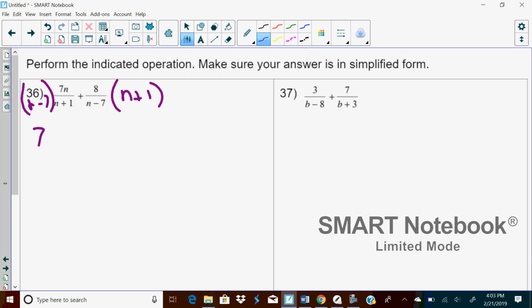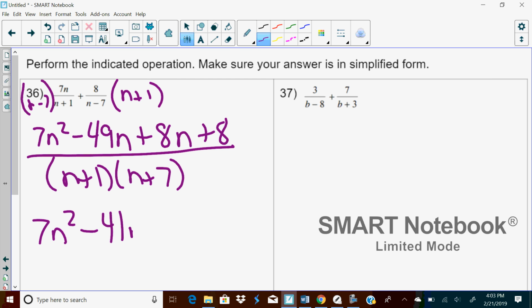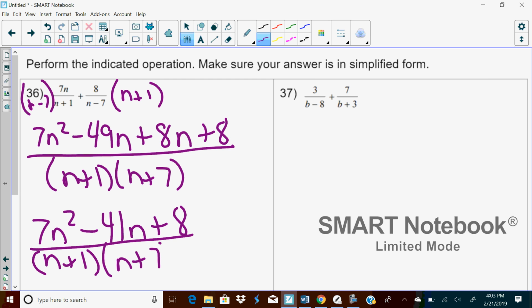So I'm going to get 7n squared minus 49n plus 8n plus 8 over n plus 1 times n plus 7. Combine like terms, I'm going to get 7n squared minus 41n plus 8. And that's actually my answer.